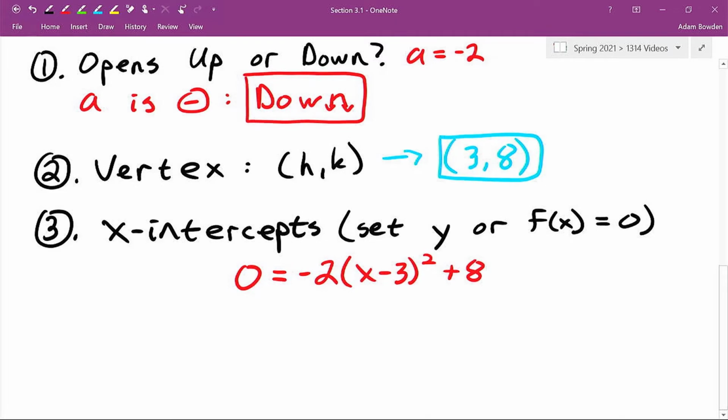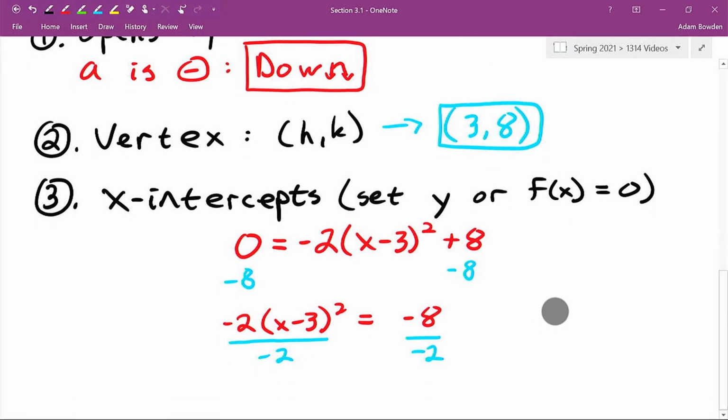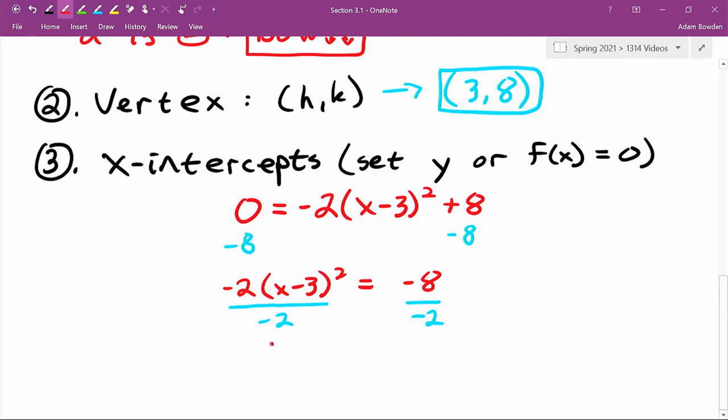So I have to solve this for x. I'll subtract the 8 over, so we're solving negative 2(x minus 3) squared equal to negative 8. Then I divide both sides by negative 2. That turns into (x minus 3) squared equals 4.